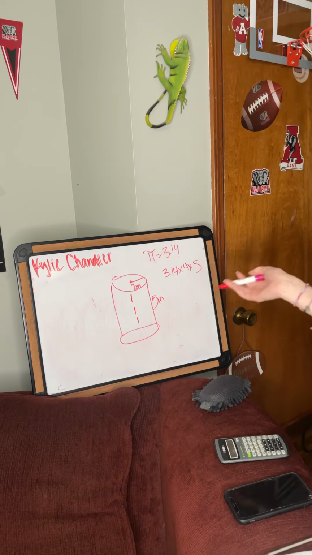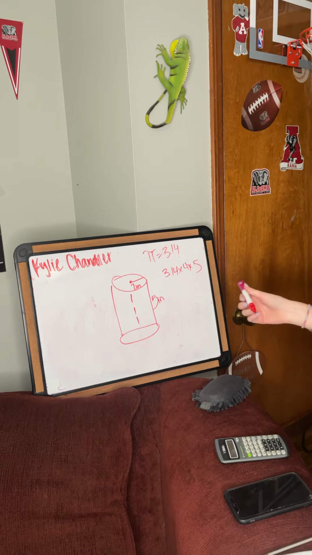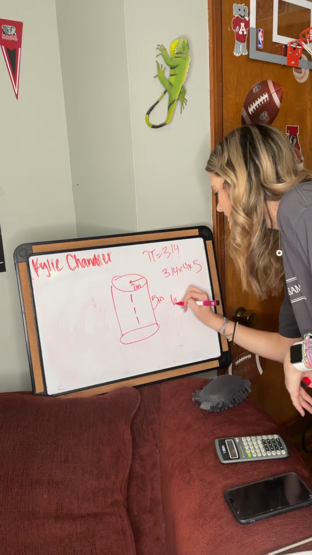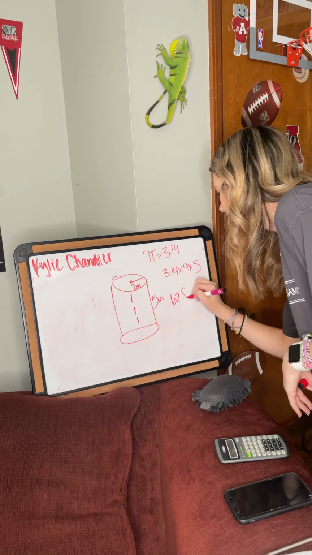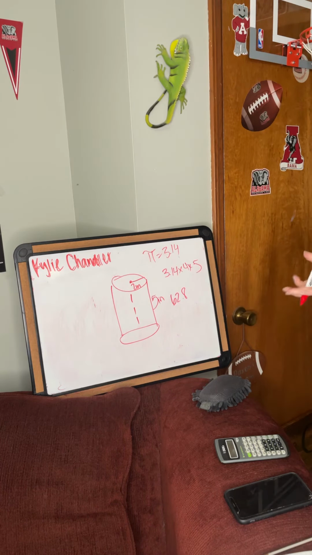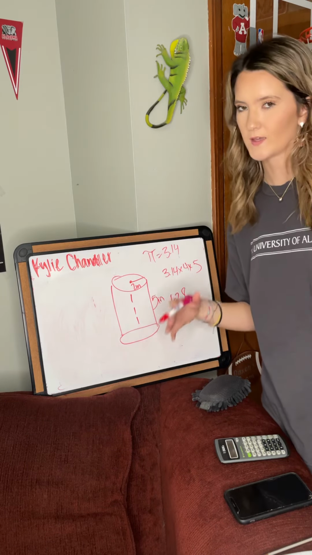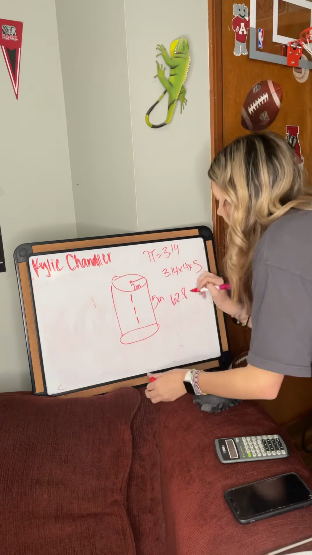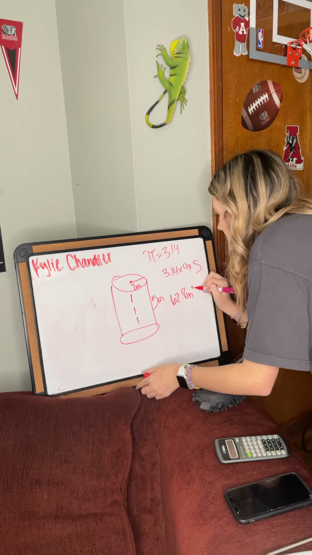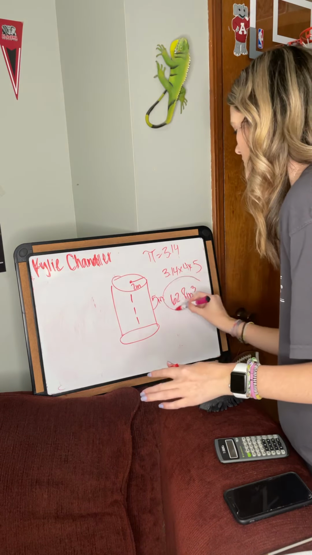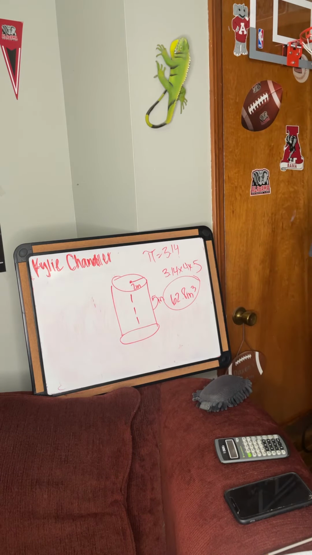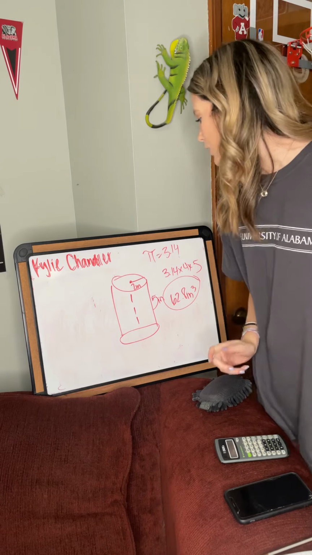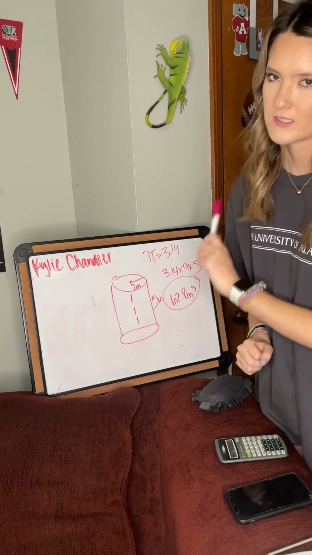If you plug all of that into the calculator, you're going to get 62.8. And remember, our answer always has to be in cubic inches, and we write that like this. So you get the answer, circle it, and that is how you find the volume of a circular cylinder.